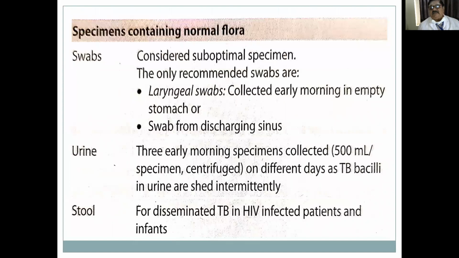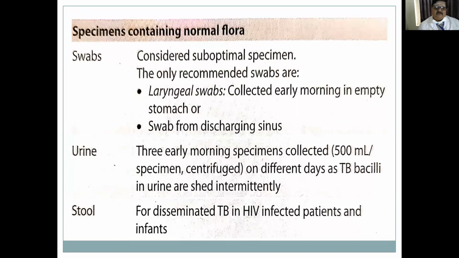And specimens containing normal flora. Once you say normal flora, you think of swabs, urine, and stool. And consider it suboptimal because it's not optimal, like they're not from sterile cavities. And maybe you can get contaminants if the correct collection method is not proper.